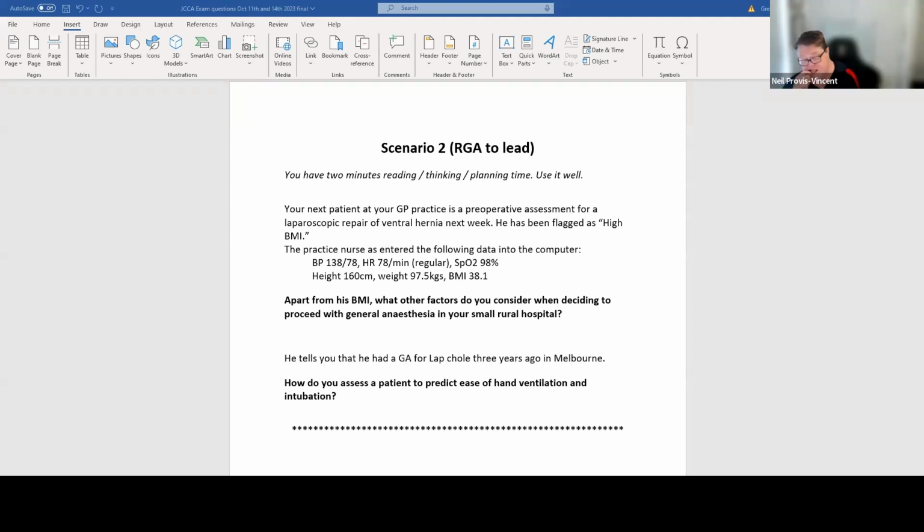Well, certainly, like I said, we're 2 hours away from the next hospital, the bigger hospital, and there's no HDU or ICU, so we would need to be happy that this patient has a low risk of requiring those services.